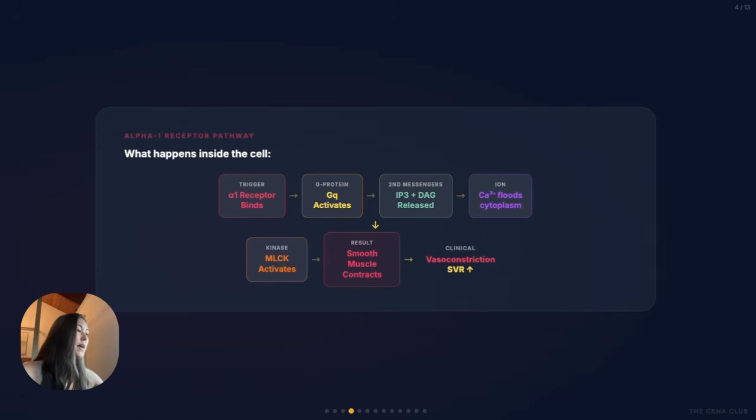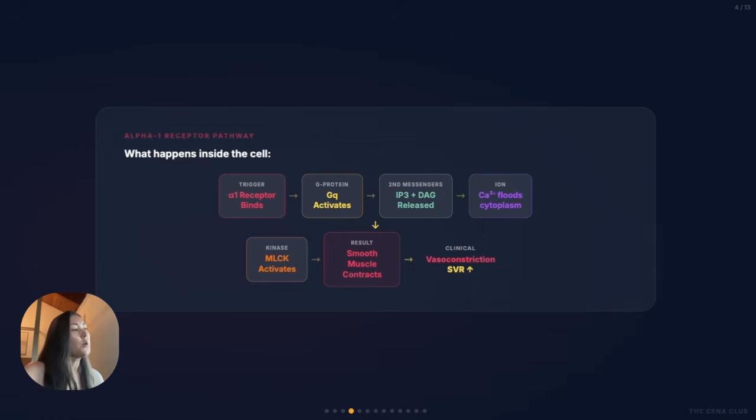IP3 tells the sarcoplasmic reticulum to release calcium into the cytoplasm. That calcium binds calmodulin, which activates myosin light chain kinase, and that is what causes the smooth muscle to contract. So smooth muscle contraction means vasoconstriction, SVR goes up, and then MAP goes up.